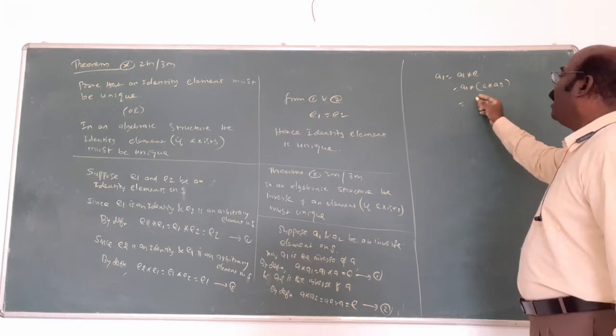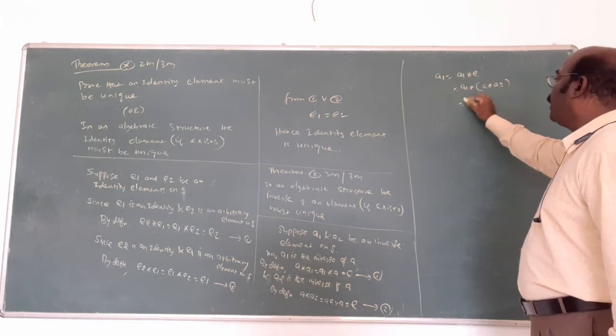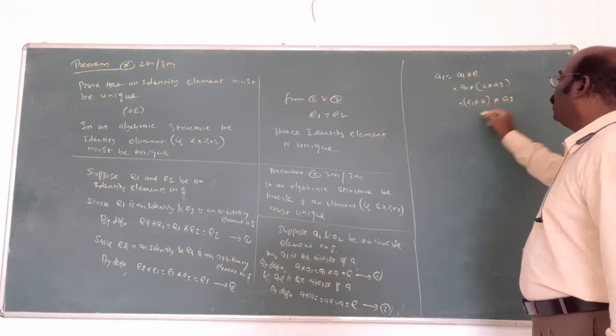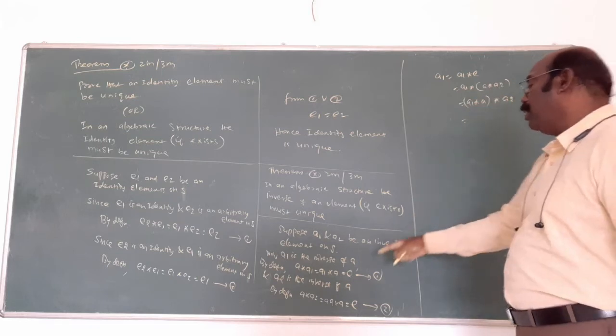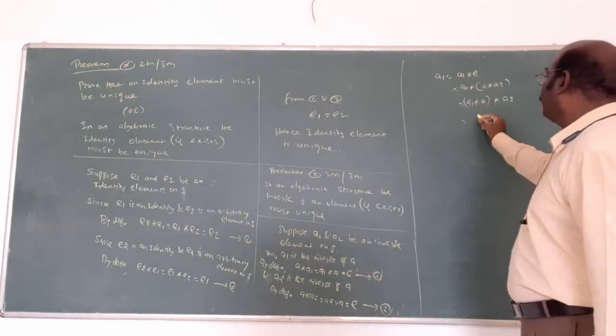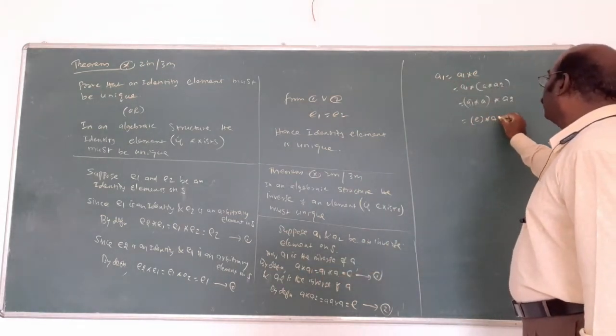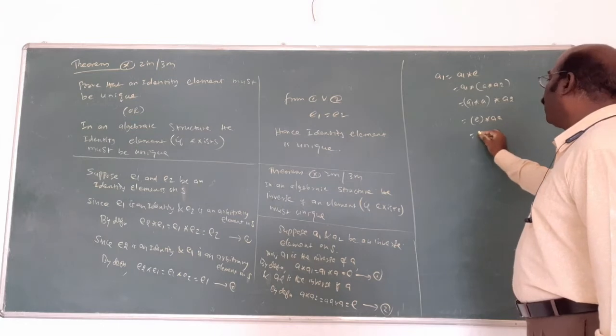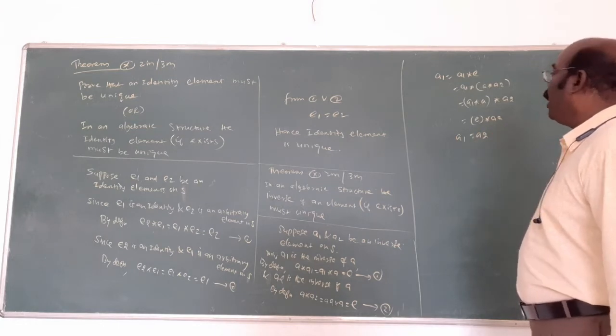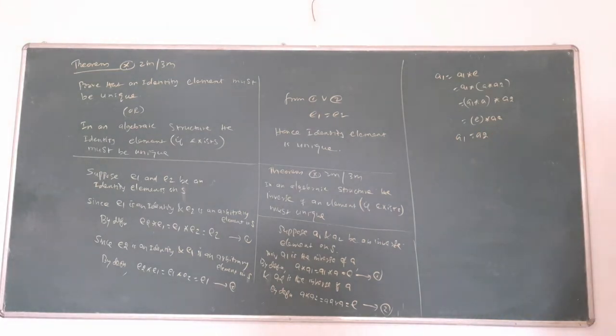Now, by using the associative property, change the bracket: A1 star A, star A2. The A1 star A is what? That is E. E star A2 is what? A2. So A1 must be equal to A2. Hence, automatically, the inverse of A is unique.